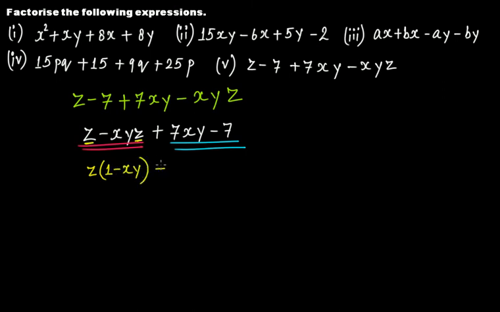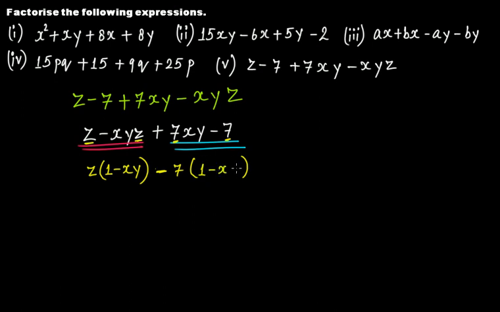Okay, this plus sign here. You have 7 here, you have 7 here. Take this outside. So in this case you have xy minus 1. Okay. Now here you have 1 minus xy, and here you have xy minus 1. We can do one thing. Let's take minus outside.